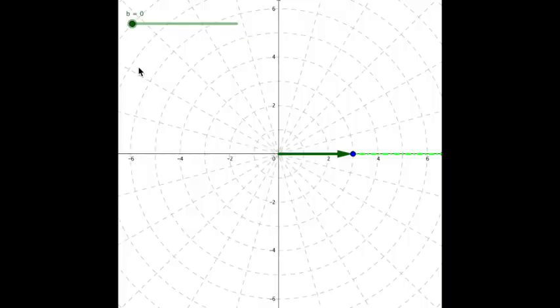So using a graphing program, I built this to show pretty much everything. The dotted line here, going off in this way, is the terminal side of the angle. The dark arrow here is the radius of measurement that we're going to go out. So when the angle is equal to 0, b being my angle up here, then I'm plotting this point here, 3, 0.